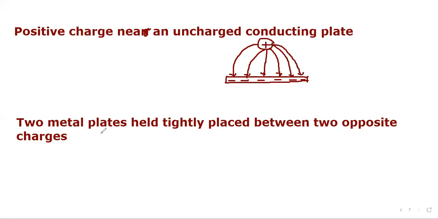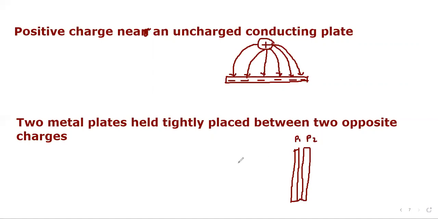Now, suppose we consider another case, two metal plates placed tightly between two opposite charges. Suppose this is one plate and there is another plate placed in its vicinity, and this is suppose P1, this is P2.